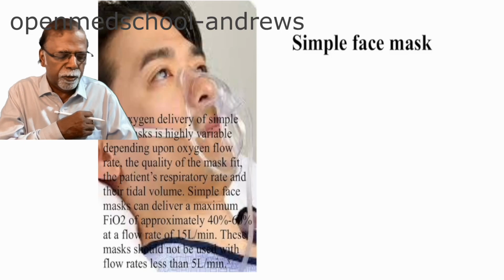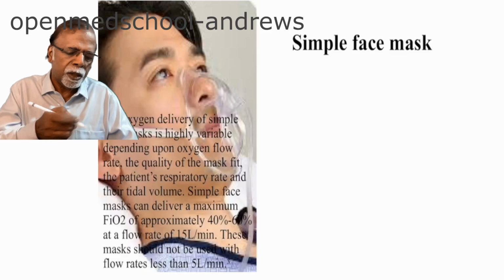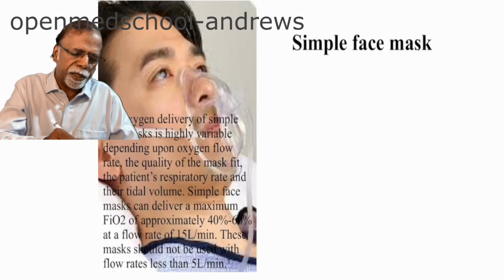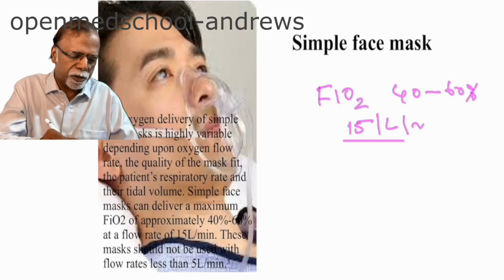Now look at what are the ways of supplementation of oxygen. One is a simple face mask. Here you can make the FiO₂ 40 to 60% when the flow is around 15 liter per minute.